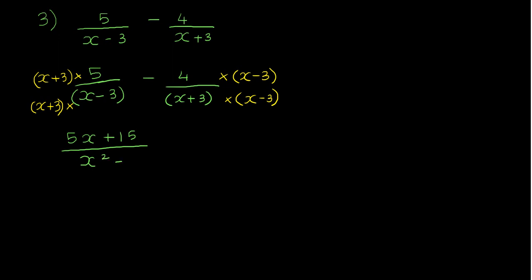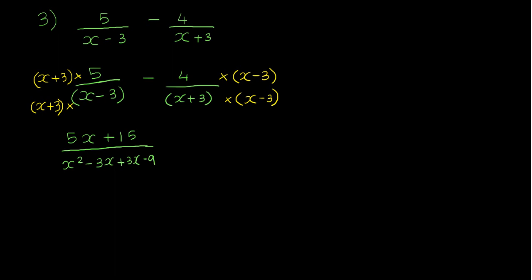Well, let me show you this whole expansion. The way I got x squared minus 9 was I did x times x, which is x squared. x times minus 3 is minus 3x, and then 3 times x is plus 3x, and 3 times minus 3 is minus 9. Let me just extend that line, minus 9.